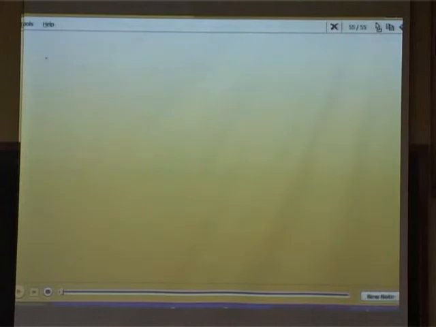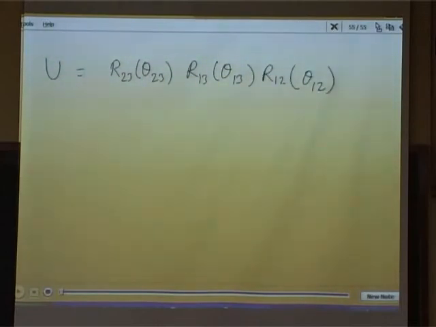So we have U, which was R 2 3 of theta 2 3, R 1 3 of theta 1 3, R 1 2 of theta 1 2. Everybody knows the form of a rotation matrix, 2 by 2 matrices with one-dimensional views.